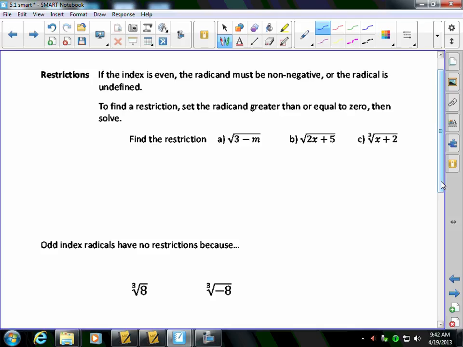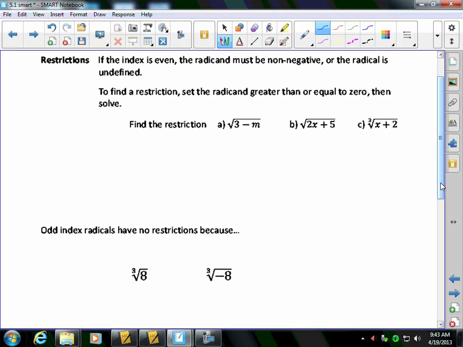So negative 3 times negative 3 times negative 3 is negative 27. So I can cube root negative 27. I can't square root negative 27. So if it is negative, then the radical is undefined. Like in the other one, if that b value had been negative, our solution would be undefined because we would have had a negative square root. Cube root would be okay.